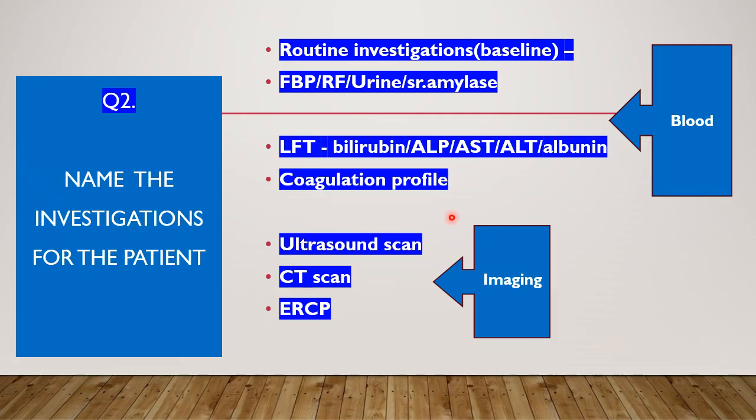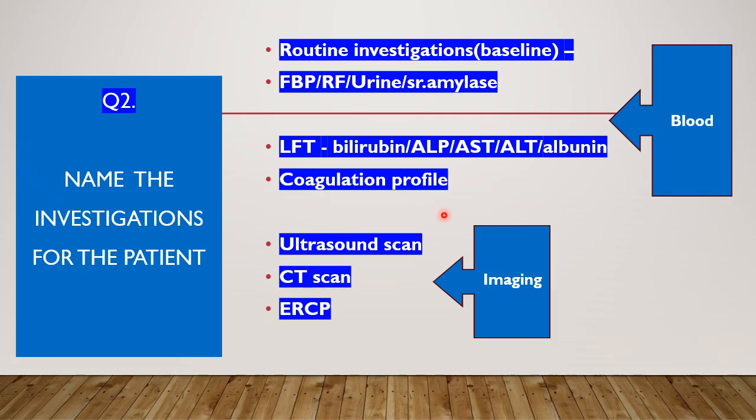Ultrasound will also help you to look at the liver to see if there are any other foci of infection or tumors or cirrhosis. And the other one is whether the pancreatic head is bulky or there's a mass lesion there. So ultrasound scan, although not the best, will help to determine all these conditions.